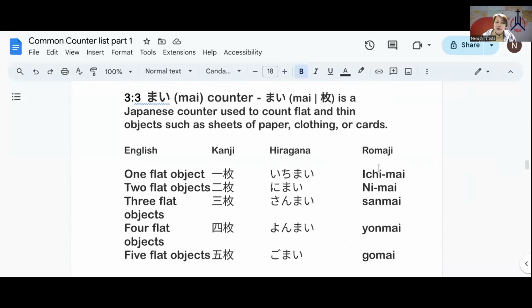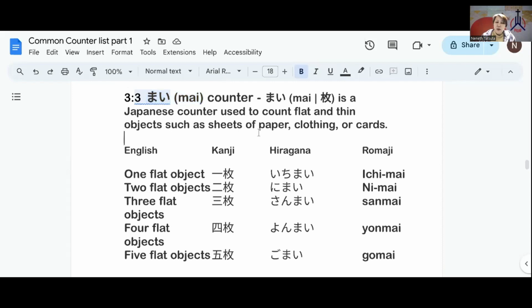Now, for mai. We call this mai. Mai is used to count flat and thin objects such as paper, calling cards, or t-shirts, clothing. Okay, the t-shirts.